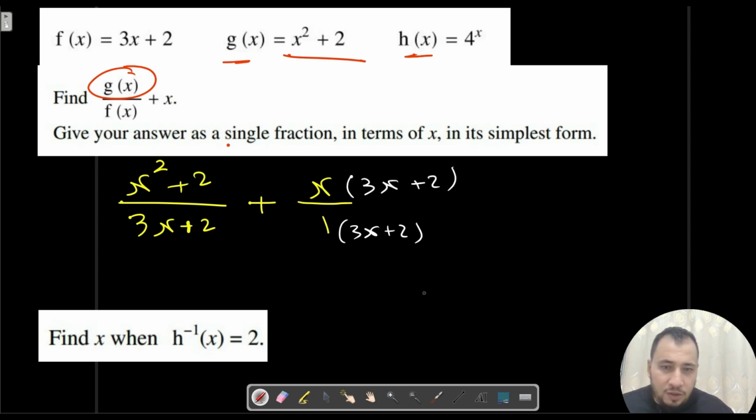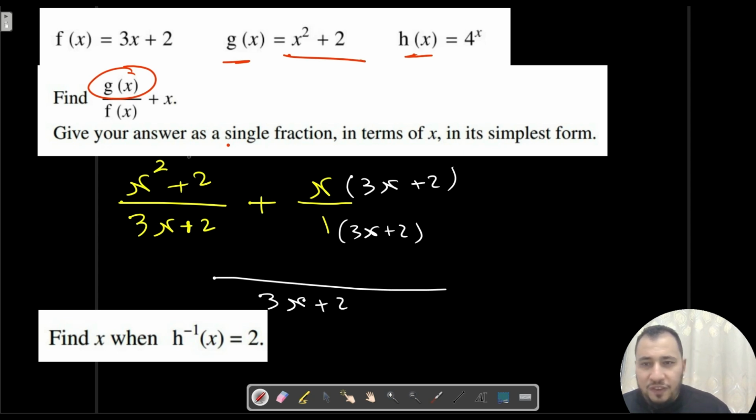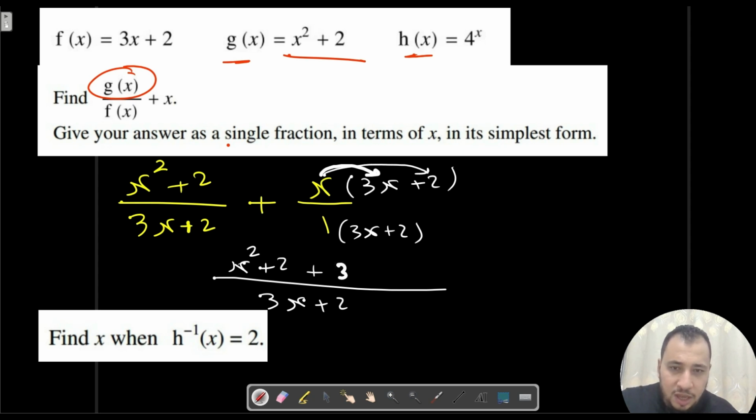Okay, now I will write it as one fraction here, over 3x plus 2. The first part is x squared plus 2 plus, we are going to distribute this x here and there. So 3x squared plus x multiplied by 2 is 2x.